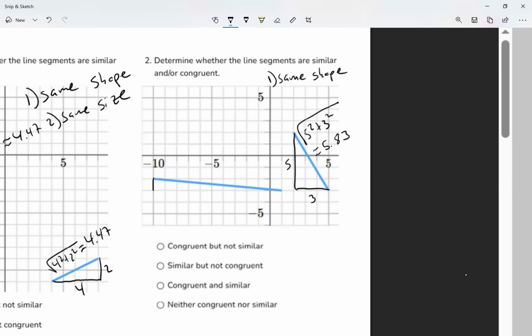When I look at my other line segment, this is 1 square, this is 11 squares. So I do 11 squared plus 1 squared, the square root of that. I type it on my calculator, it tells me about 11.05. These are different sizes.